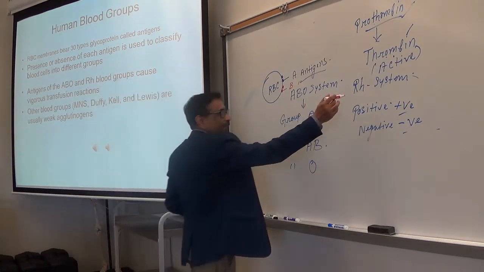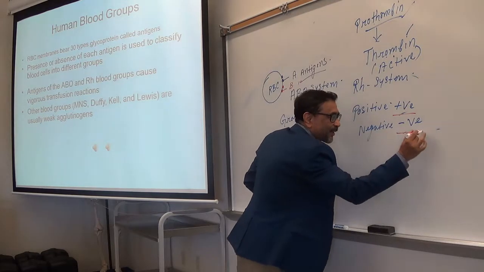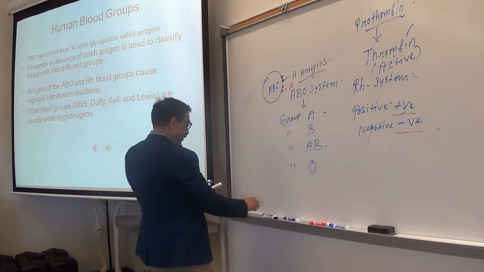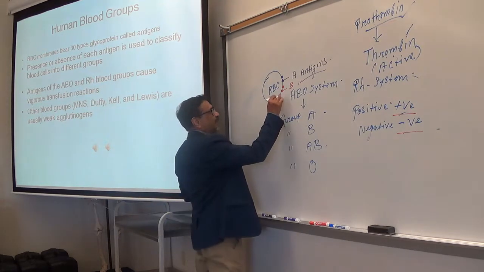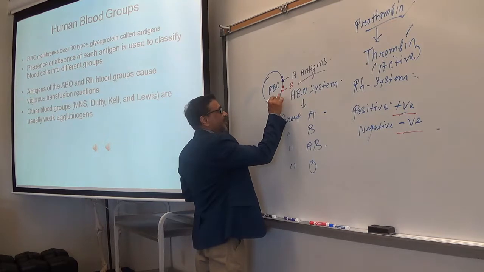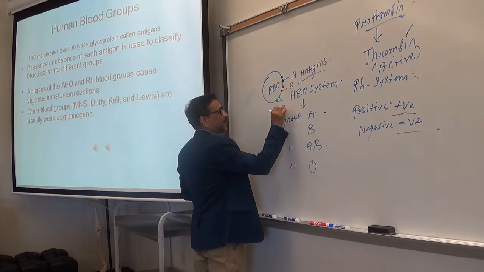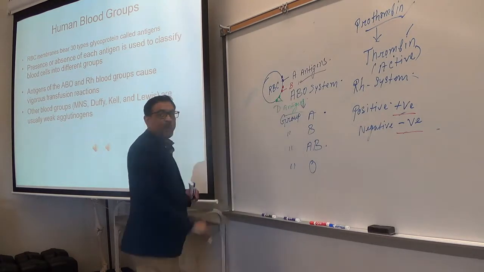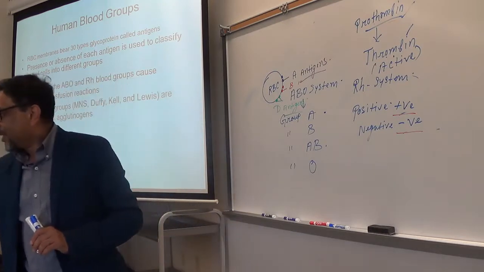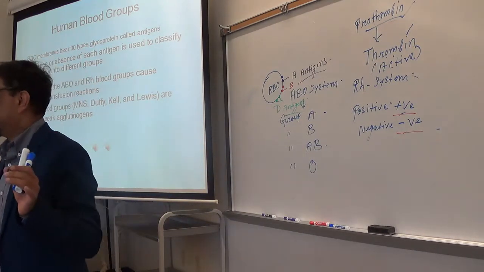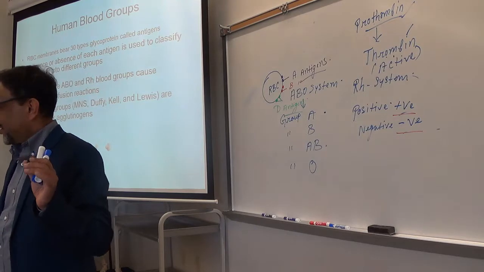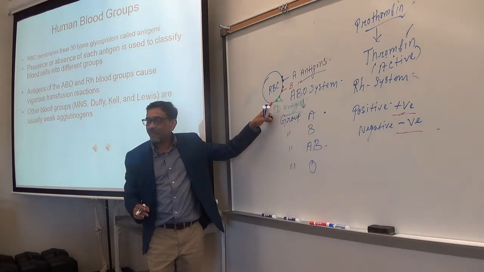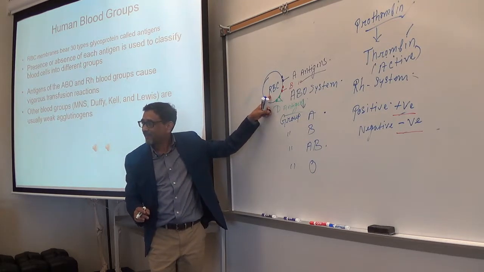Now positive and negative are determined by another type of antigen, and those antigens are called D antigens. If someone has D, that is positive. If no D, that is what? Negative. Is it clear? So now you tell me, this one has A, B and D. What is the blood type of this person? AB positive.